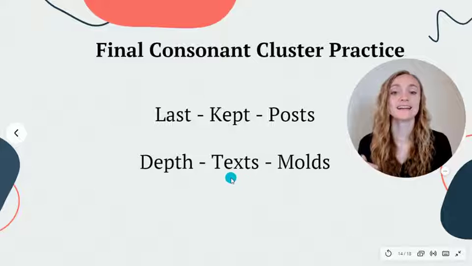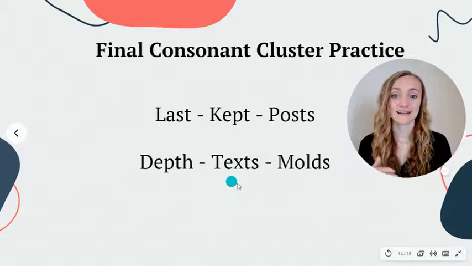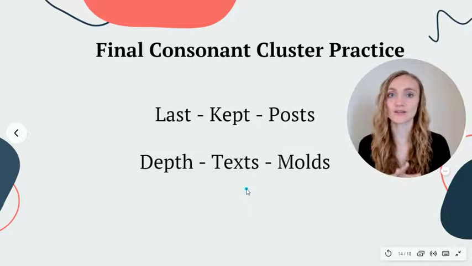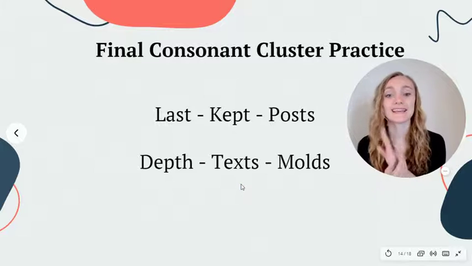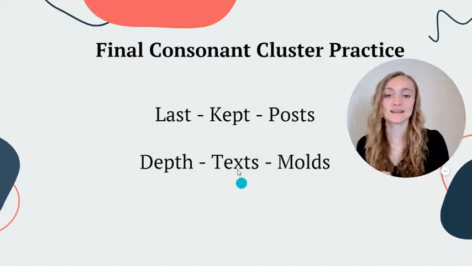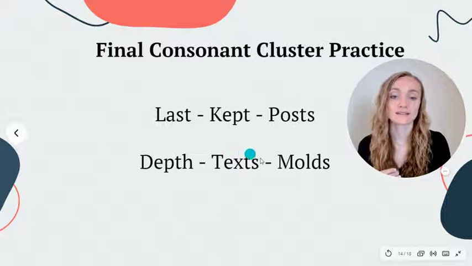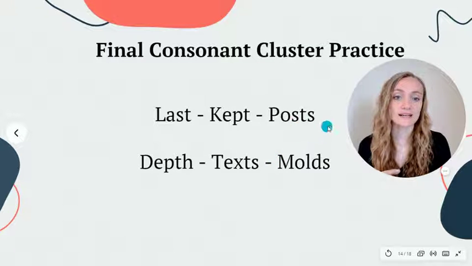Next, texts, texts. Okay. This is a tricky one. We're going to slow down here because with the X sound, what we're really hearing is a K and an S. Okay. So we're hearing like T-E-K-S. So it's like we have an STS with a K beforehand. That's what we're seeing in texts.